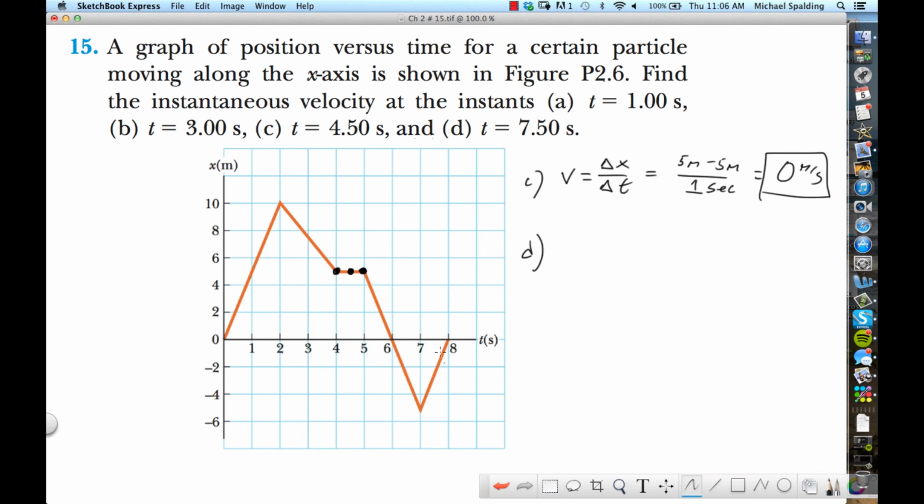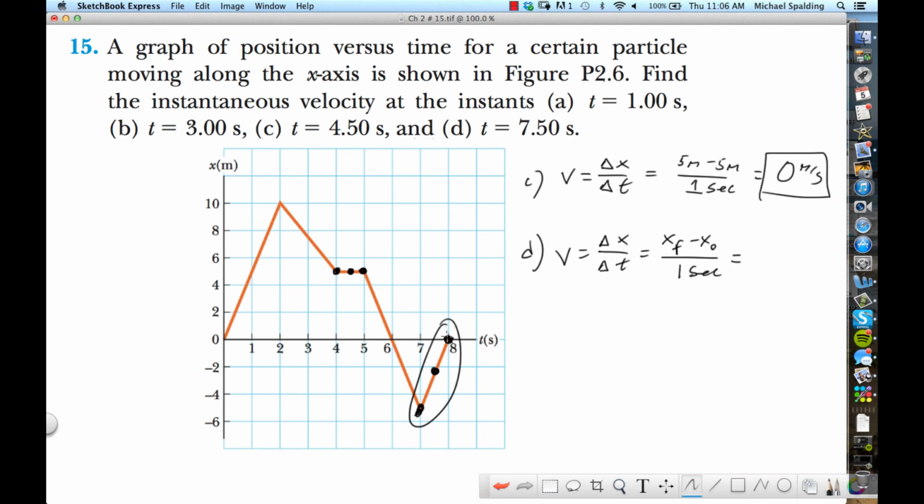Okay, t equals 7.5. Right there. Okay, this is a straight line. I'm going to use this point and that point to find the slope. So delta x over delta t. That's going to be final minus initial over the time, which is from 7 seconds to 8 seconds, 1 second.